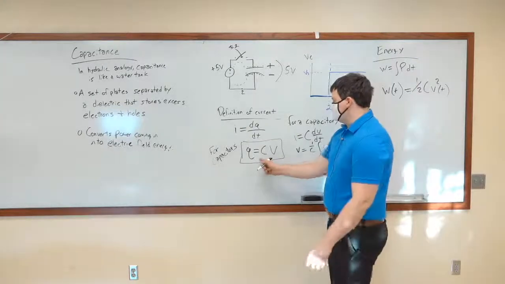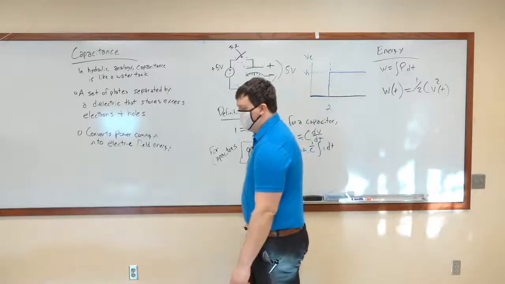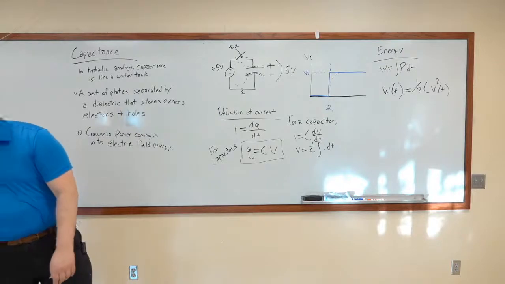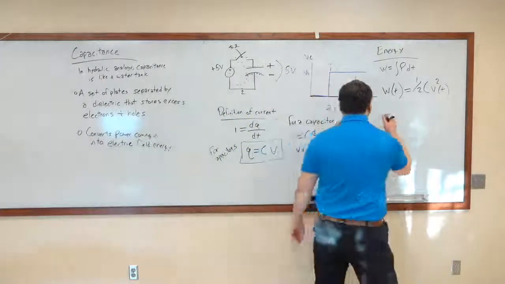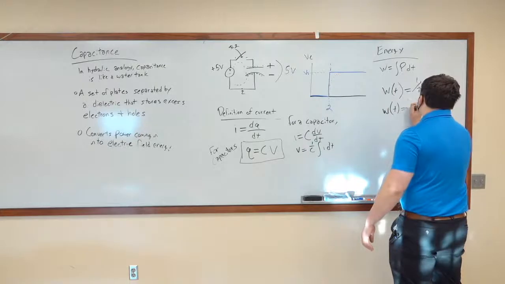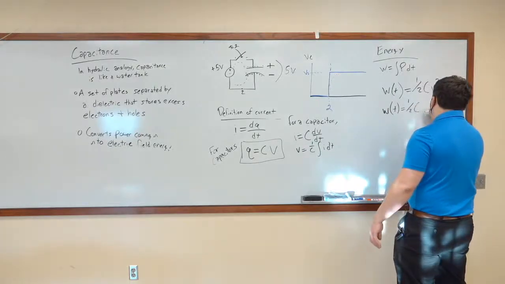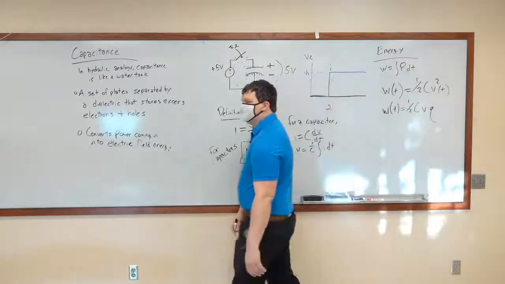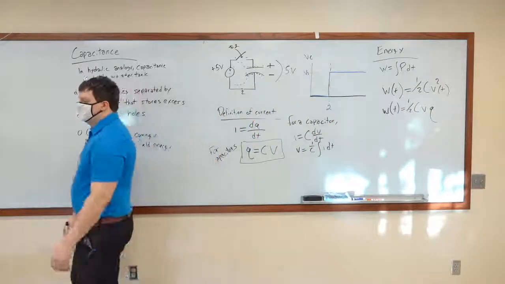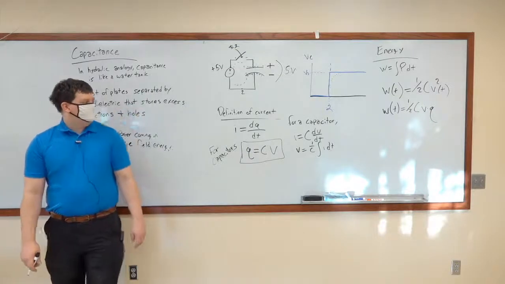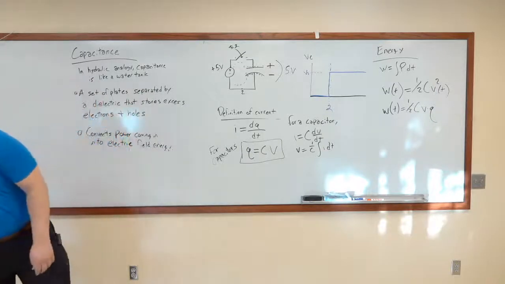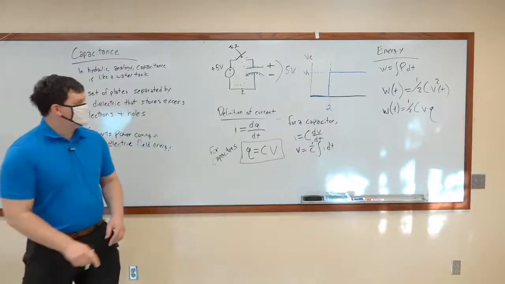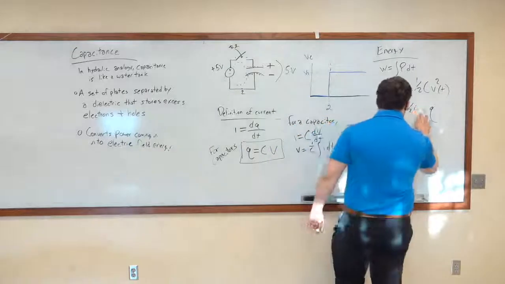Now, because we have this relationship, we can also write that energy is equal to 1/2 C times V times Q. That's also valid. Wait, it's 1 over C, isn't it? No, never mind, sorry. There's no C here.